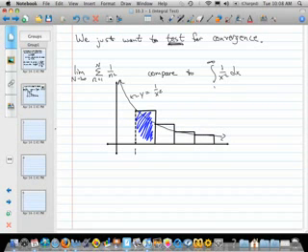Because what's the area of that first box? Well, it's 1. I'll write it below. 1.